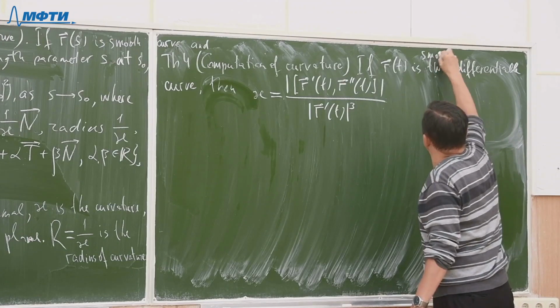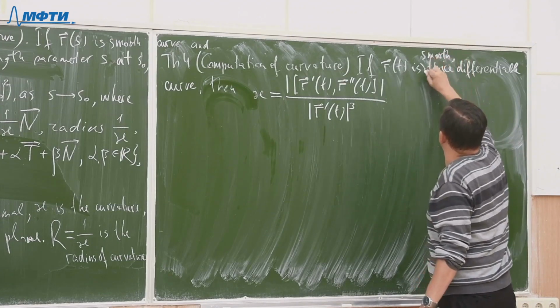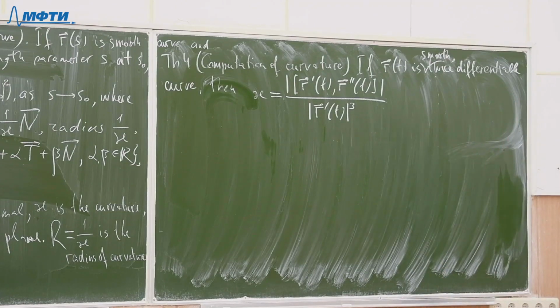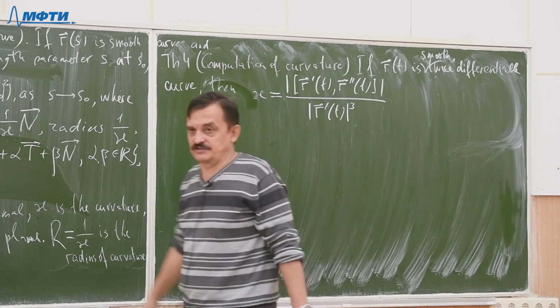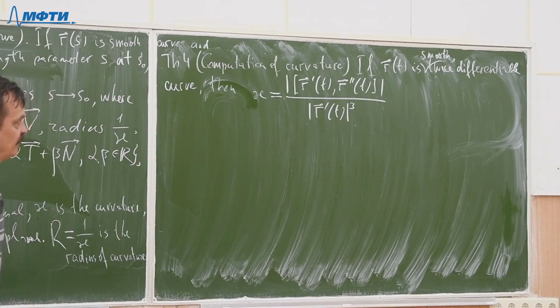Twice differentiable does not imply smoothness. Smooth means this derivative is not zero, right? That is necessary, of course.